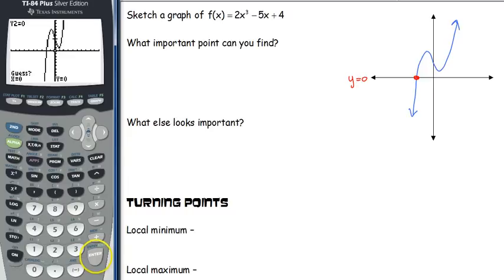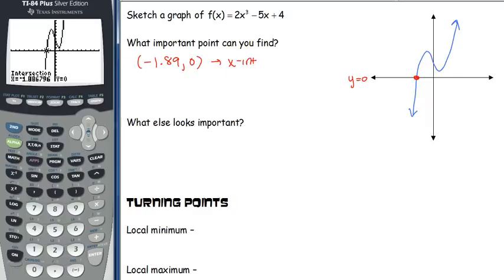Enter. And you can either scroll towards the point, or you can just hit enter again. And we are given that our x-intercept is at negative 1.89, comma 0. Sorry, not the y-intercept, the x-intercept. That's where our graph is crossing the x-axis.